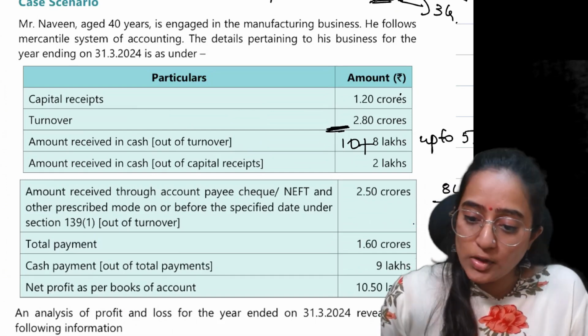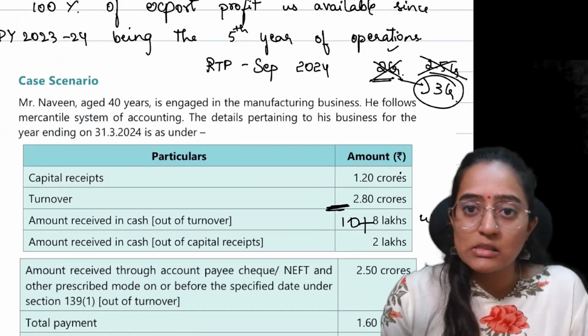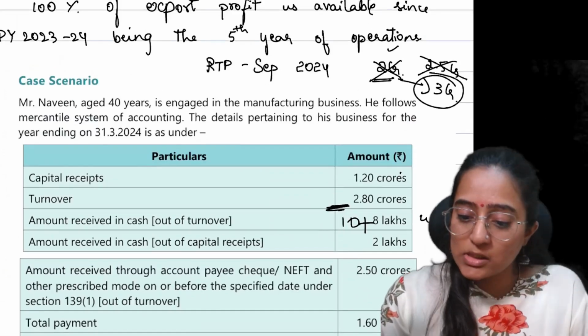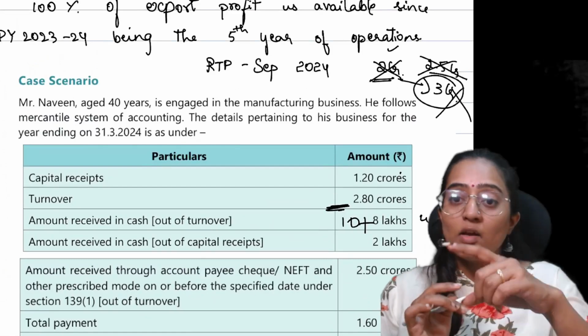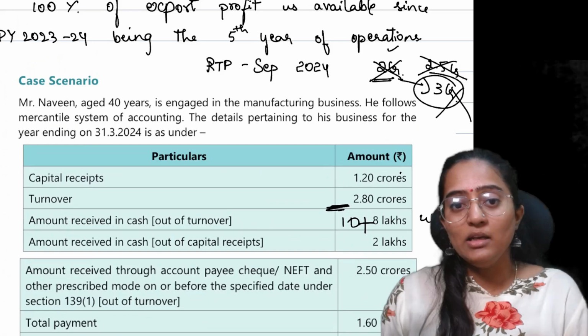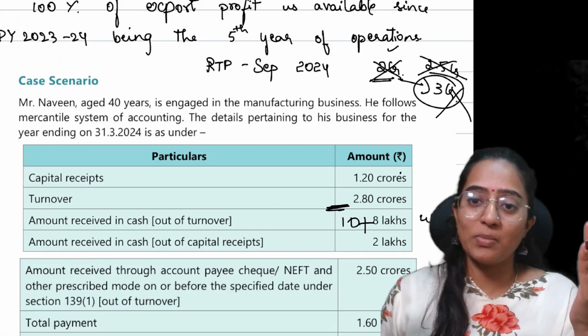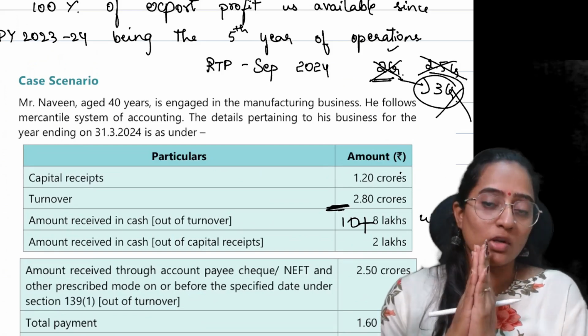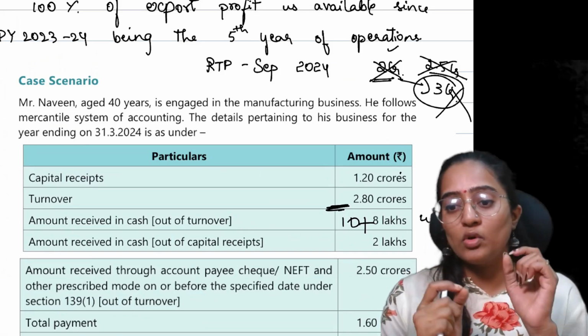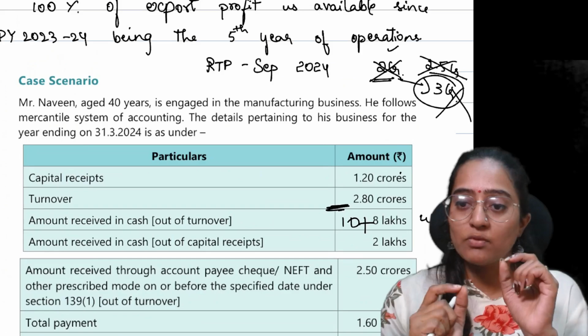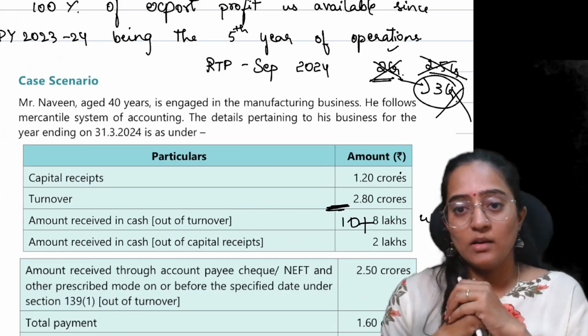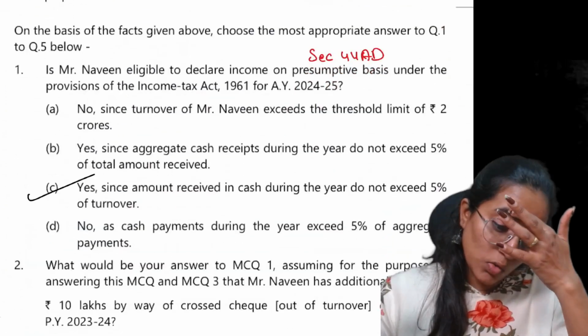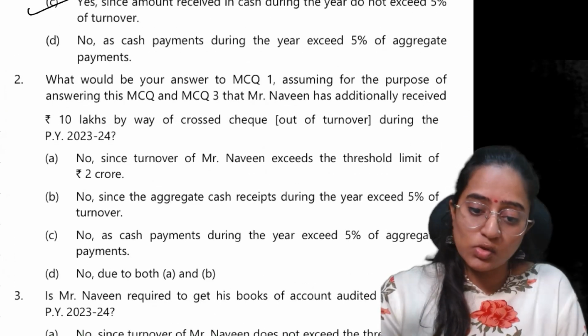So now this point of 3 crore rupees to be replaced by 2 crore is itself not applicable. Now the base provision is applicable, wherein if your turnover is exceeding 2 crore rupees, then you can't opt for 44AD. If it is up to 2 crores only, only then you can opt for 44AD. Clear? It is 2 crores. So now your answer is 2 crores only.